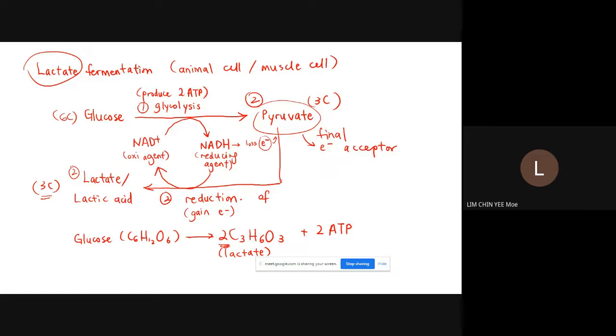Okay. Now, why do we need lactate fermentation in the muscle cell? Imagine in class, when you run kan you sampai tercungap-cungap. You macam tak cukup oksigen. But then you still want to run. Tak cukup oksigen, tapi you perlukan energy untuk run. That's when lactate fermentation is important. What for?